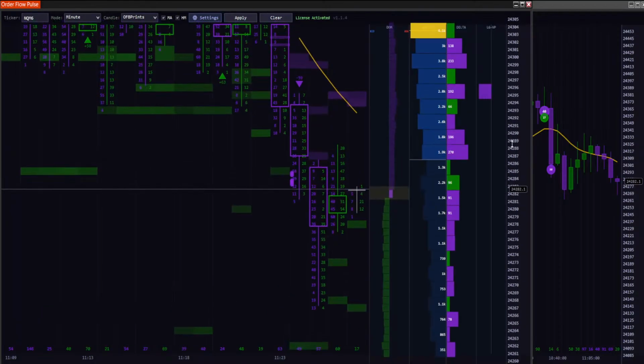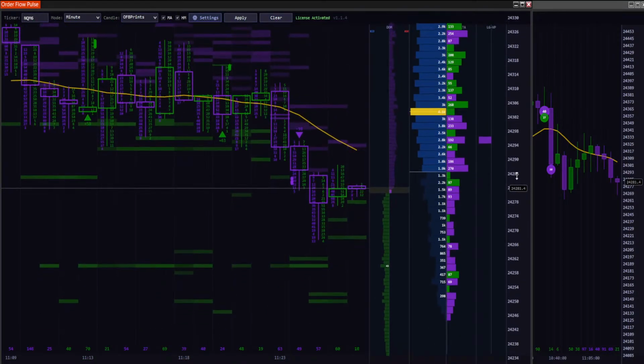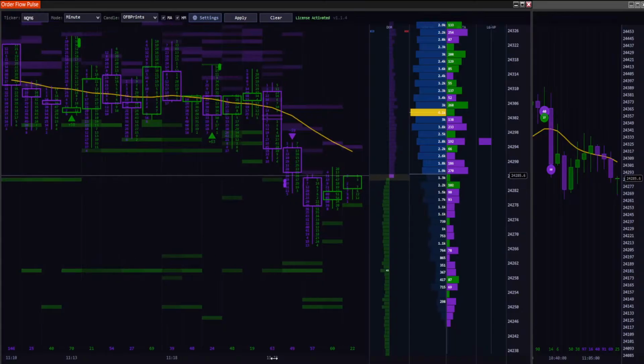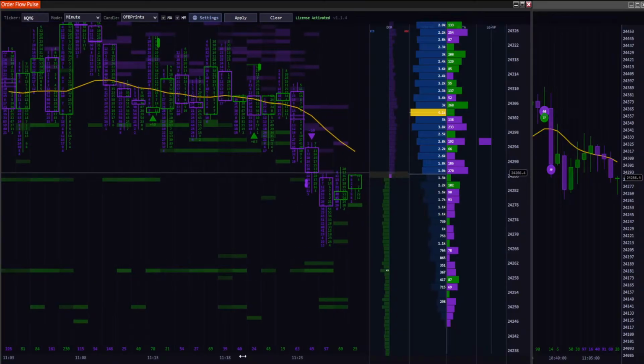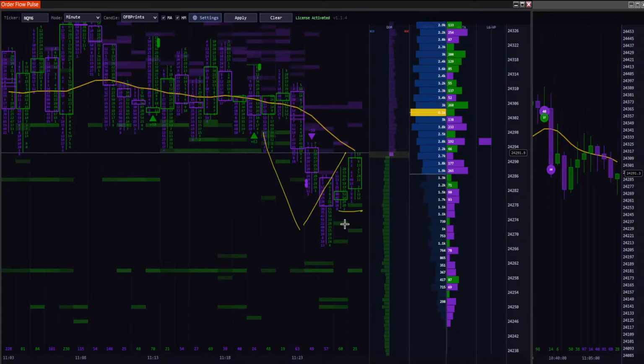Let's just say this is a micro pullback, and we get a pullback, and then you break this area, and then we really truly dump. Well, if you tried it right here and you take some profits, take like 5 6 points. Okay, great. Boom.